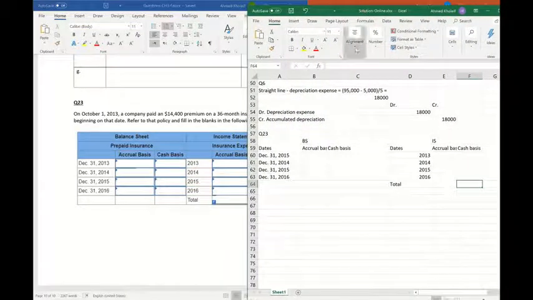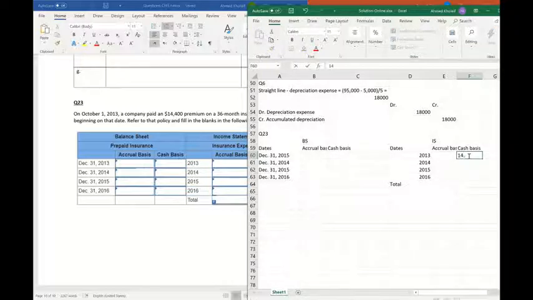So if we start with, on October 1st, 2013, a company paid 14,400. So if the company uses cash basis, the full amount, which is 14,400, will be recognized as expenses. So it will affect the income statement here.